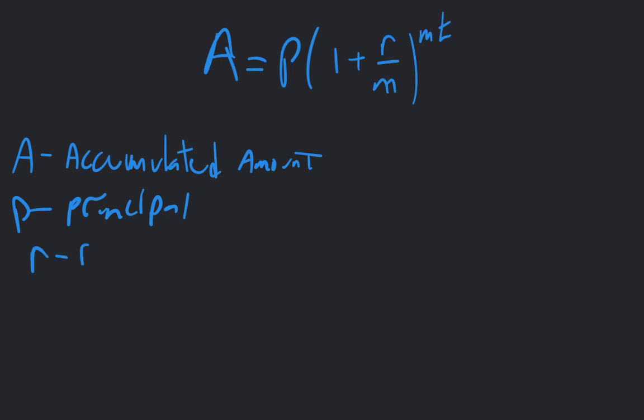The R is the rate of interest, typically like 2%, 5%, 10%. It's never going to be like a whole number. Well, less than 1 is what I should say. T is the time. Could be months, years, any form of time, really. And M in this instance is the number of compounds per time.